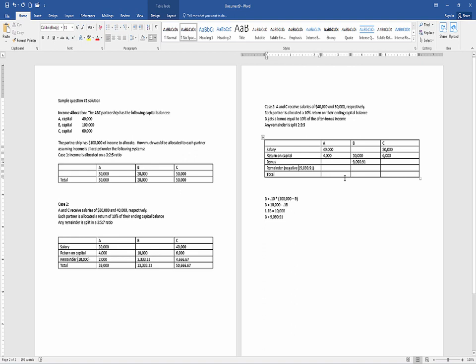So $19,090.91 times 20% for A is $3,818.18. 30% for B is $5,727.27. And 50% for C is $9,545.45.